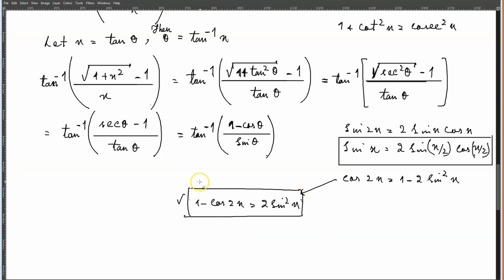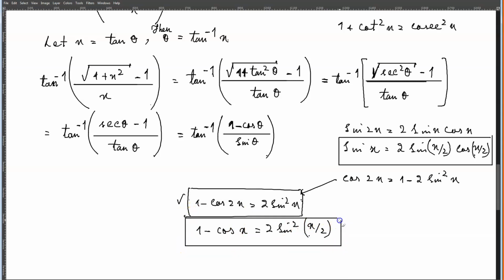I'm going to divide this angle by 2. So 1 minus cos of 2x by 2, which is equal to x, is equal to 2 times sine squared. Again, dividing this angle by 2 gives me x divided by 2. That is what I can use in this case, meaning that 1 minus cos x is going to be equal to 2 sine squared x divided by 2.